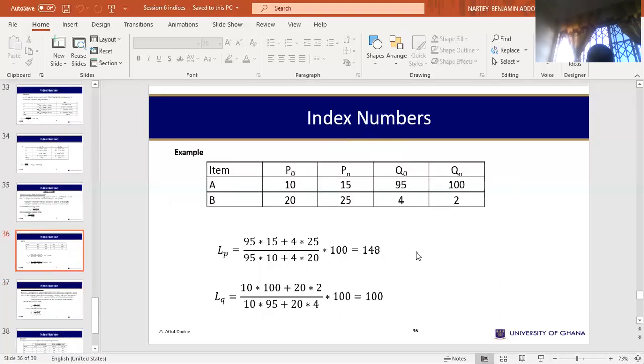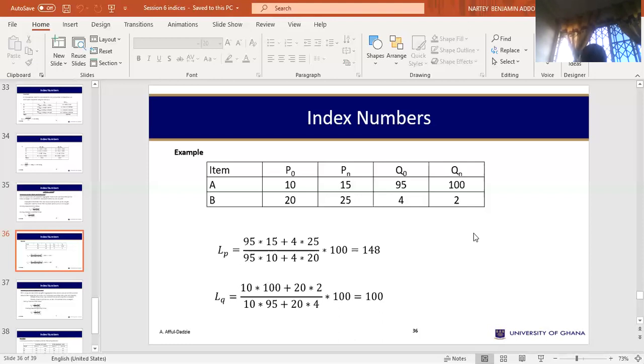Okay, so here there is an example which you can easily work through. You multiply 95 by 15, then 4 by 25, right? And then 95 by 10 and 4 by 10. Here Q0 is 95 and Pn is 15.